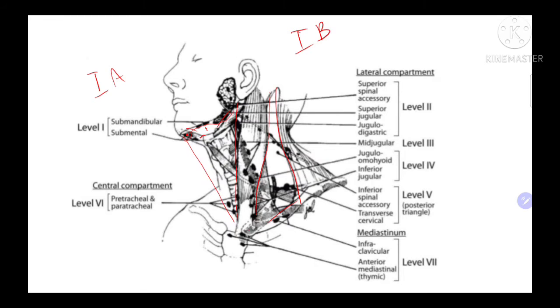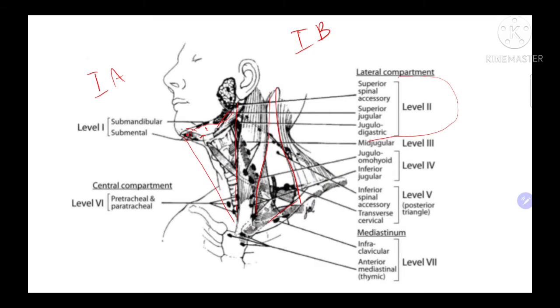Good. Now level 2 is the superior internal jugular chain, in the deep cervical nodes. What limits do we use there? Easy. Superiorly, we have the skull base at the jugular fossa.